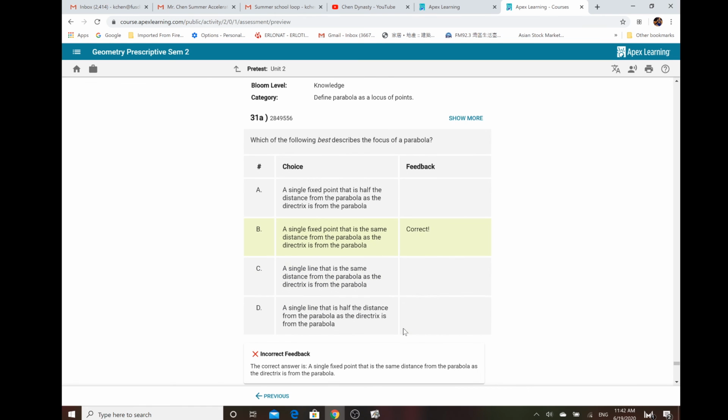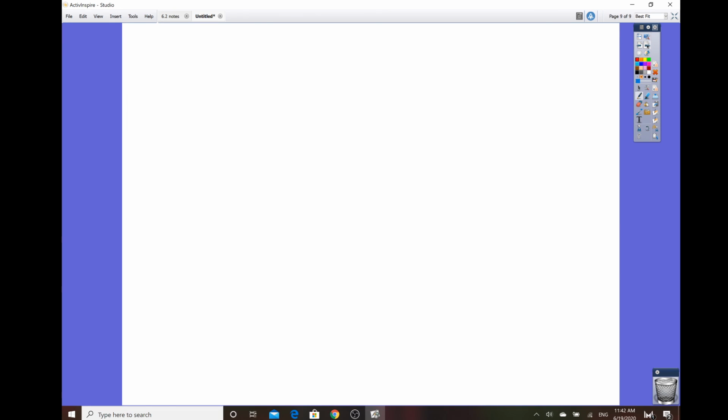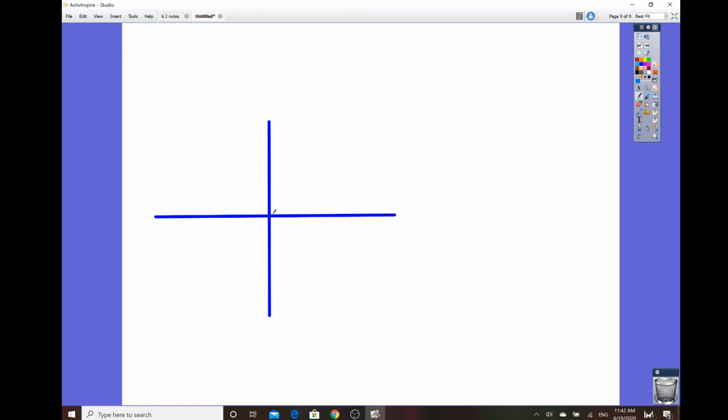Okay, so let's go through that one more time, the parabola. Let's say we do have the x-axis and the y-axis, and a normal parabola facing upward.